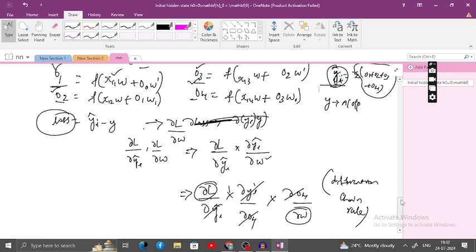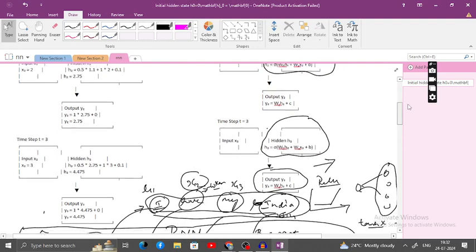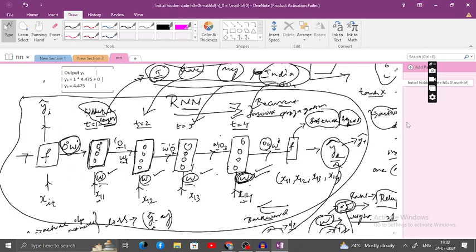Only if you want to reduce the loss will I go in the backward direction. At the beginning I am just going in the forward direction. If you want to update the weights, you go in the backward direction.